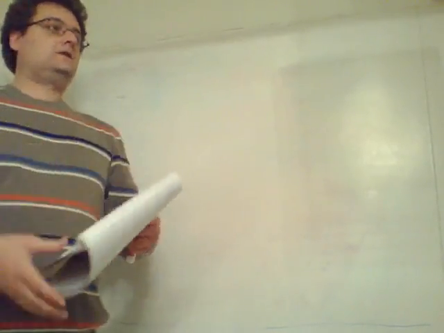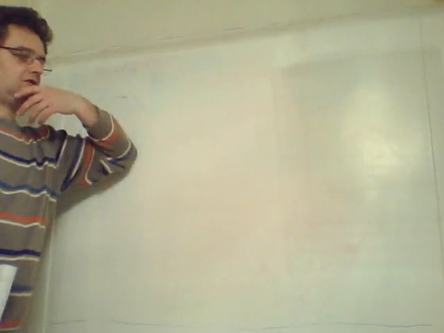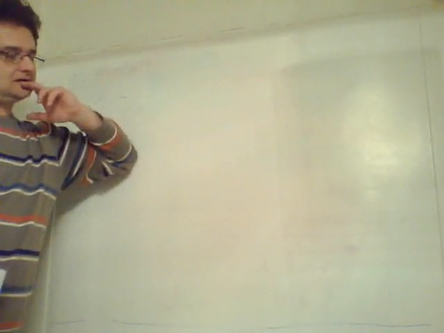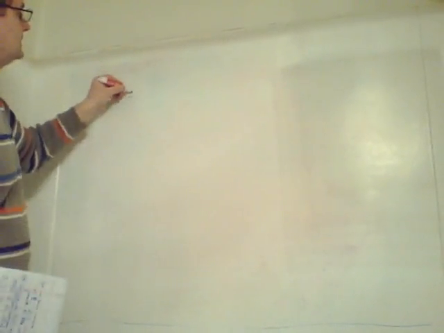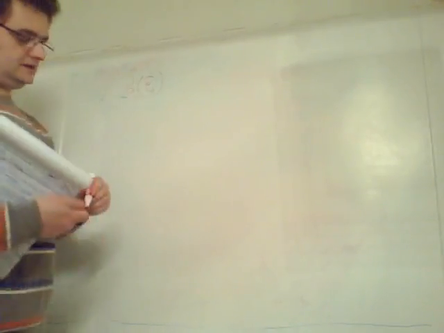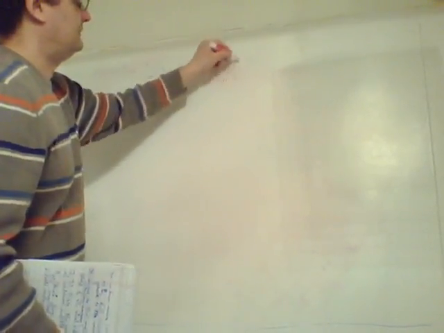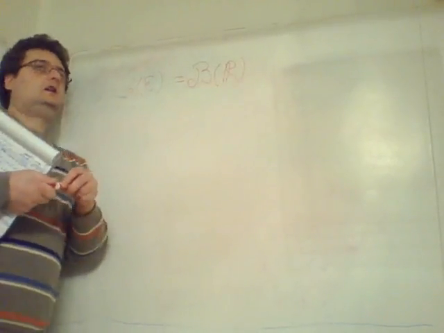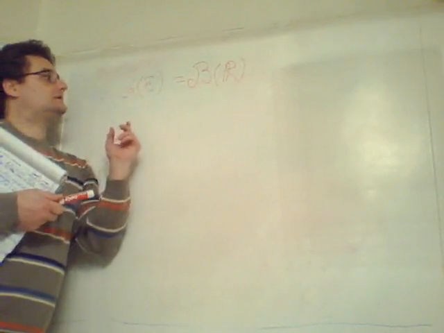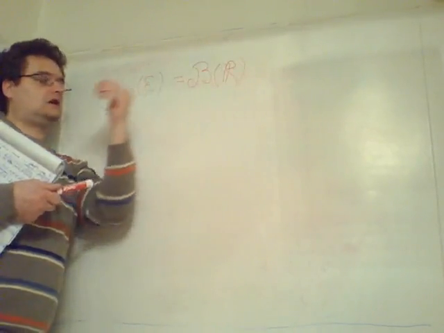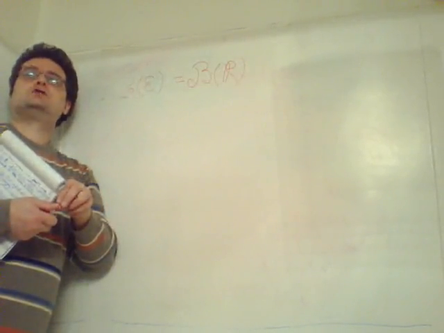Alright, so just like we generalized the definition of length for intervals to elements of the Borel sigma algebra, B of R, the Borel sigma algebra on the real line, in 2D the corresponding B of R squared would be a generalization of the definition of area.